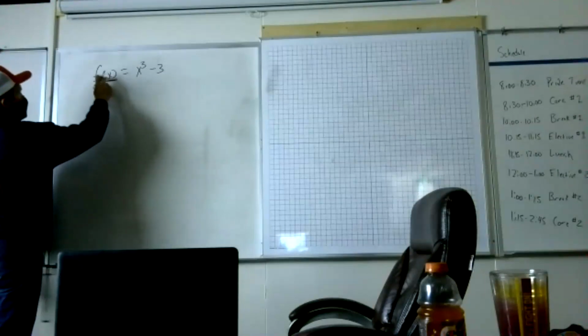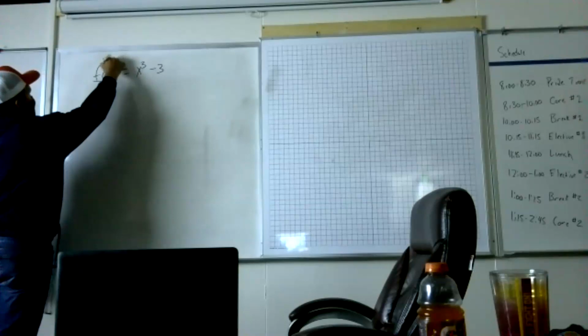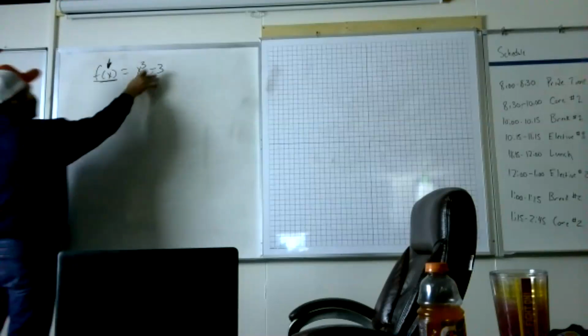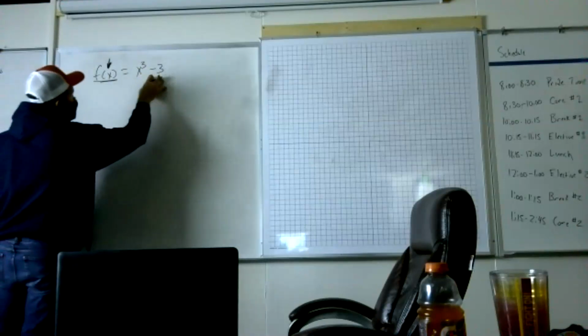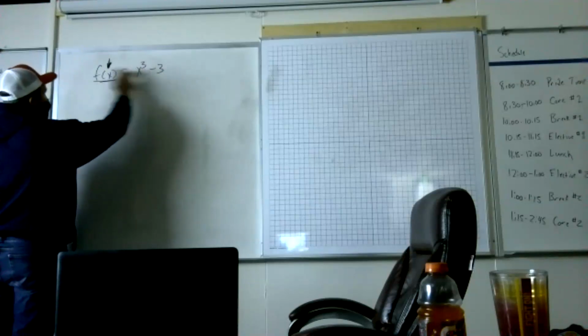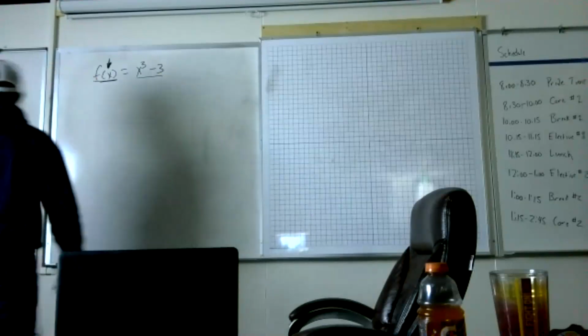Here you can see the independent variable is whatever is in this interior parenthesis right here. The dependent variable is the solution after we plug this in. So when we just plugged in x, we got x cubed minus 3.